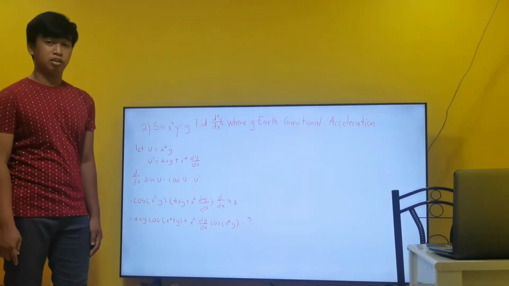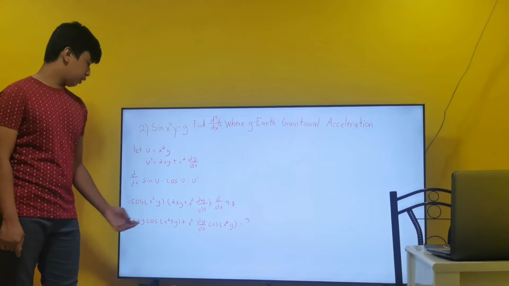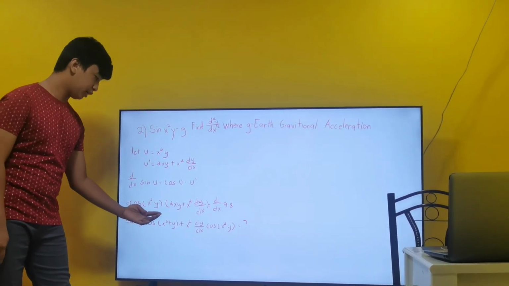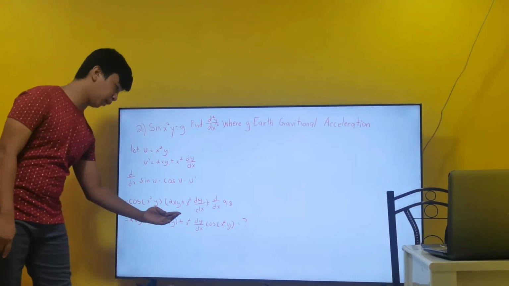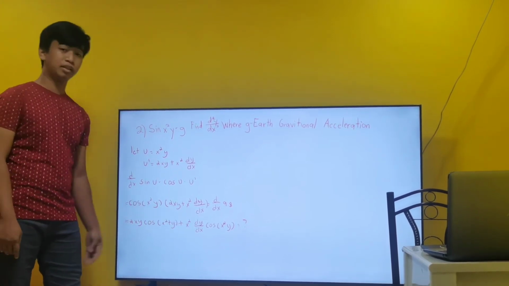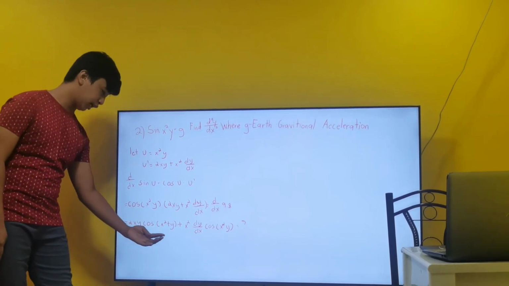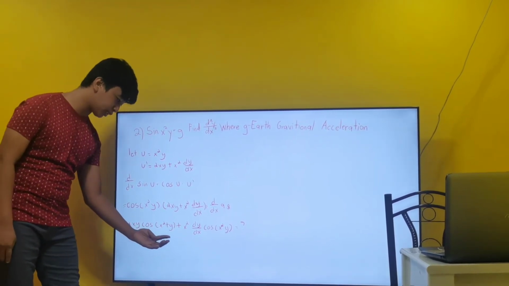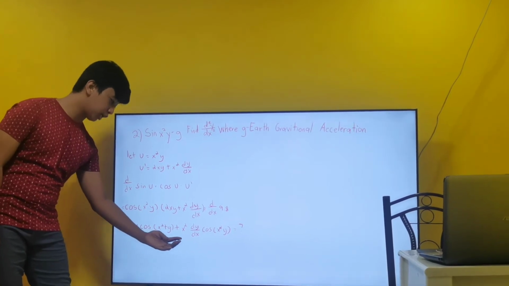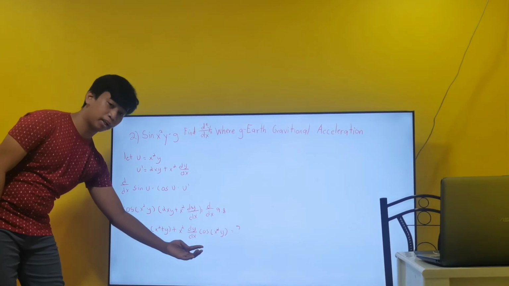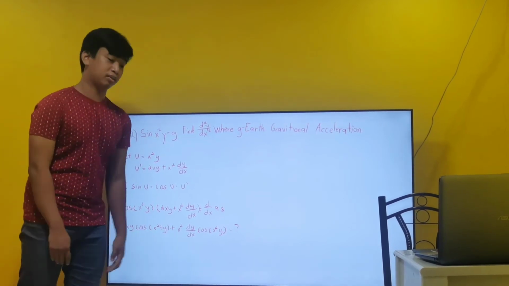Then, our next step will be, let's multiply cos(x squared y) to 2xy plus x squared dy over dx. Then the outcome will be 2xy cos(x squared y) plus x squared dy over dx cos(x squared y).